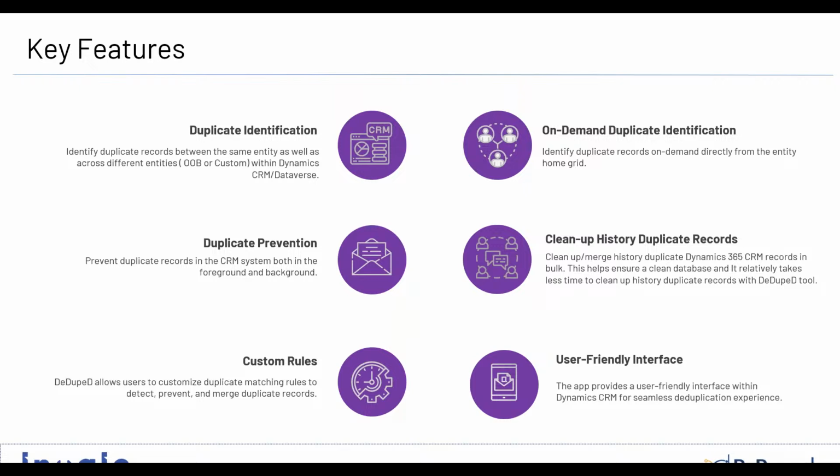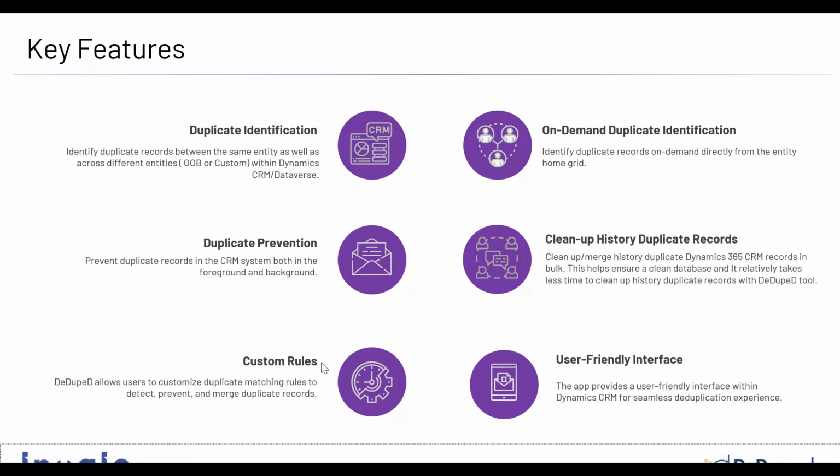Similarly, for clearing up your historical data, we have introduced a tool so you don't have to do it one by one. Once the historical data is cleared up, preventing it from happening in the future, or future proofing it, is very important for us, and hence we have added that as well.